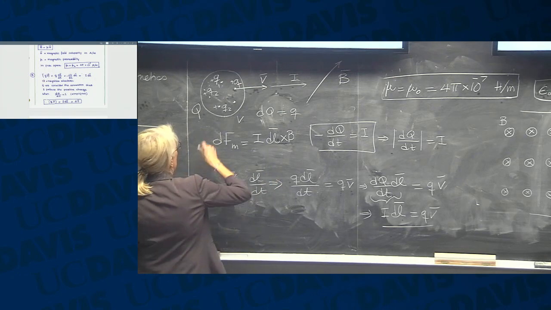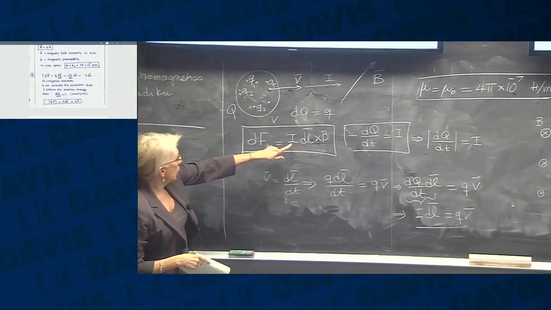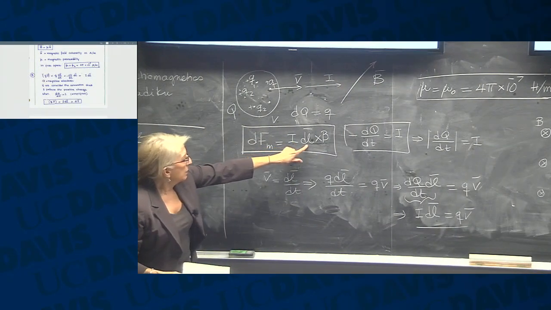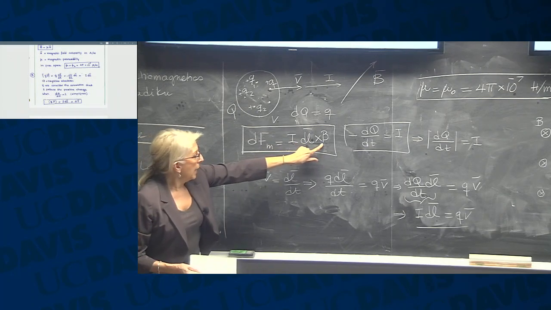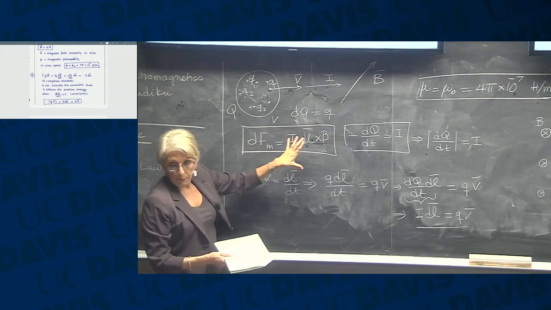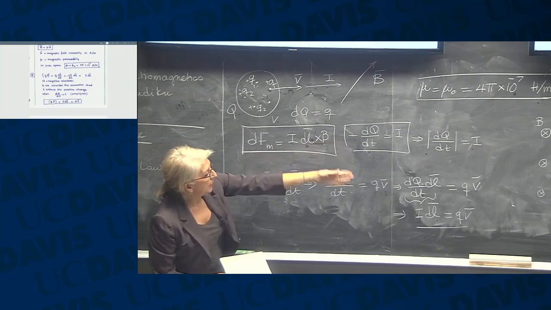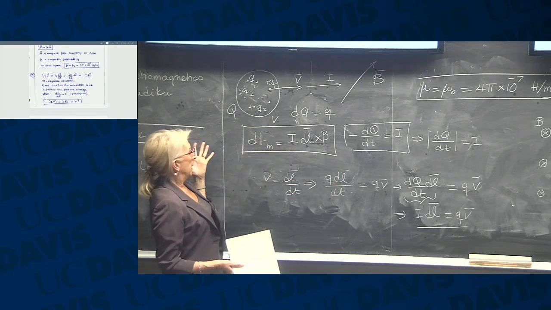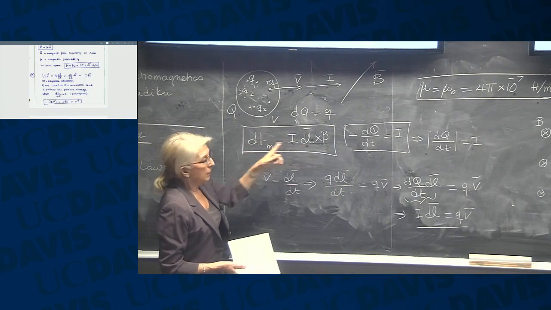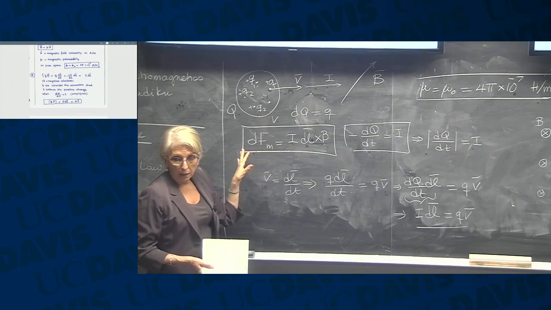All right, so practically I have now a force that is exerted on a small current by a magnetic field, B. Now, this is very useful because if you have a current of a distance L, you can integrate that and get rid of the derivatives. But I will use it like this because it's a more general form.